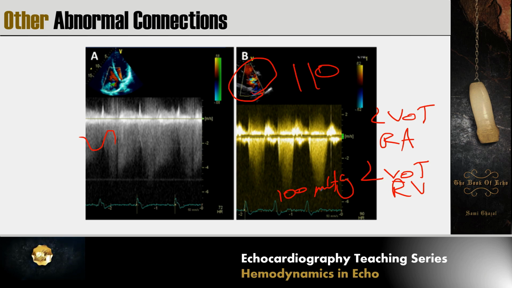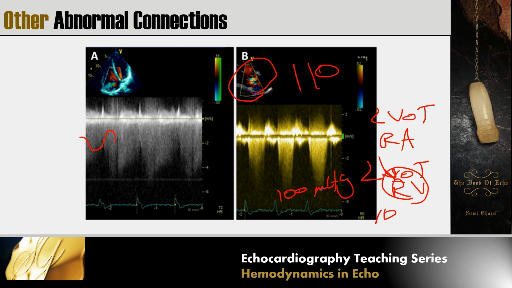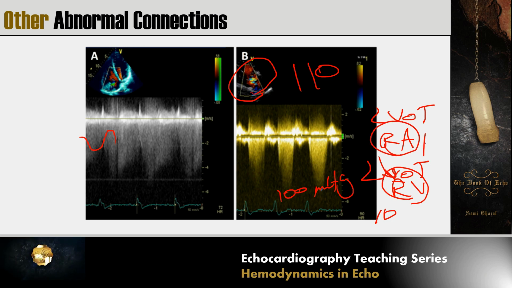If this is a VSD, so a shunt between the LVOT and RV, it would mean that the RV systolic pressure is 10, 110 minus 100, which does not make any sense. It cannot be the RVSP, and it means that this shunt is not between the LVOT and RV. However, it makes good sense that it is the RA, because RA pressure is 10. So this is another example of how we can differentiate by knowing the timing and the pressure difference between different chambers.